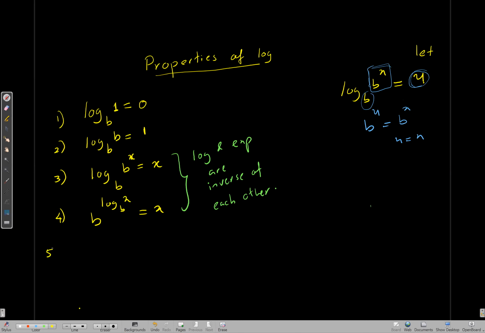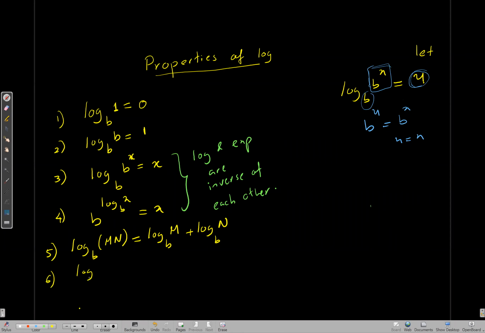number 5, product rule, log base b of mn. The log of a product is going to be the sum of those logs. Now these are the few rules, let me write down those rules and explain.